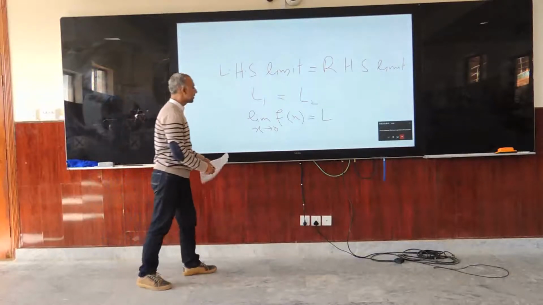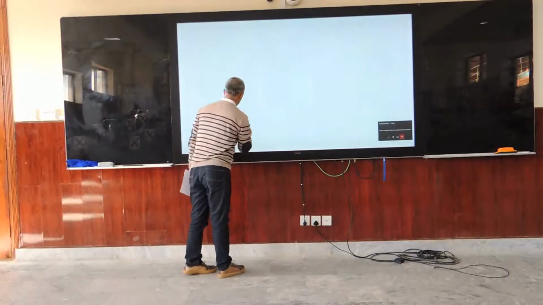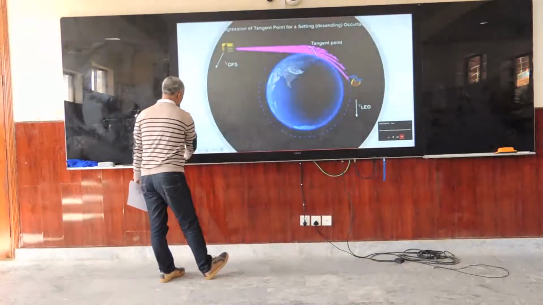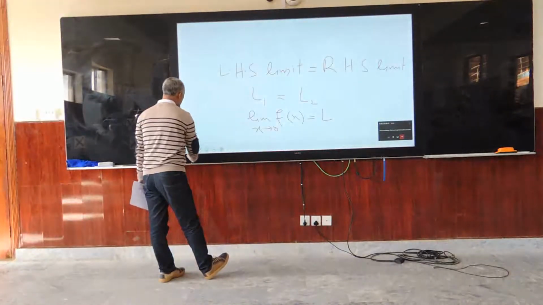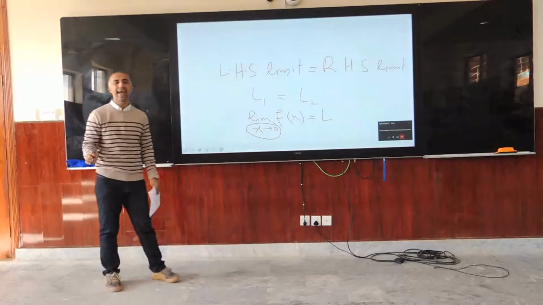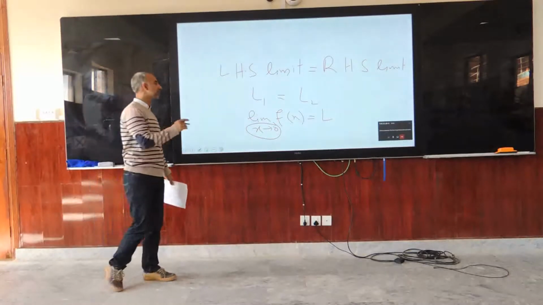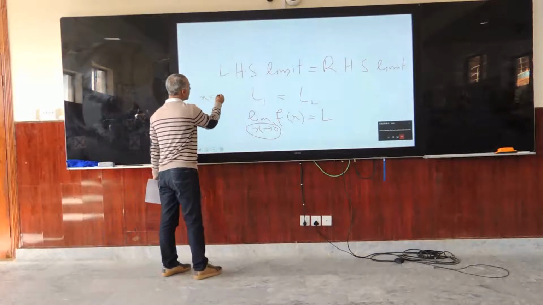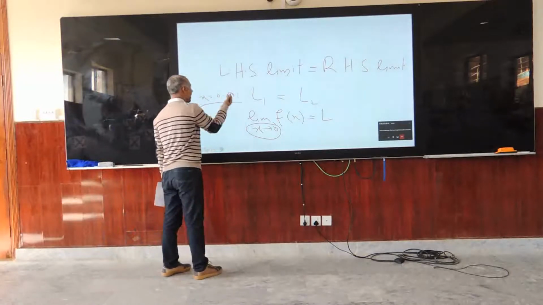But remember, x approaching 0 does not mean that x is exactly equal to 0. It approaches 0 nearly, maybe x is 0.001 or almost similar.